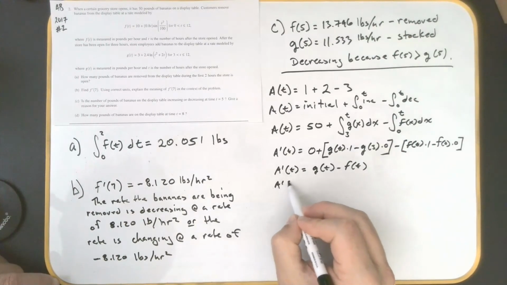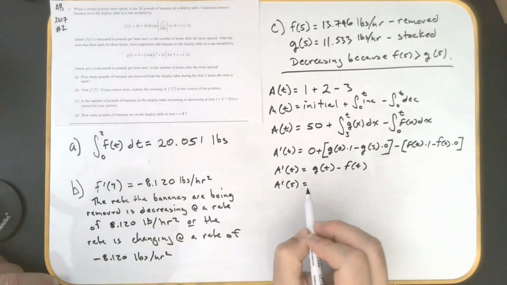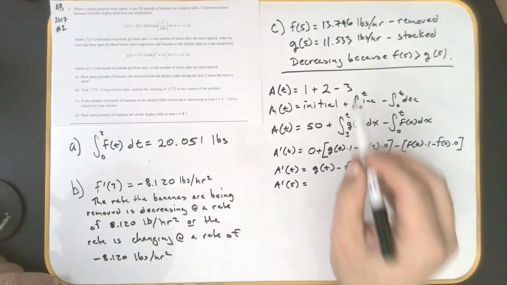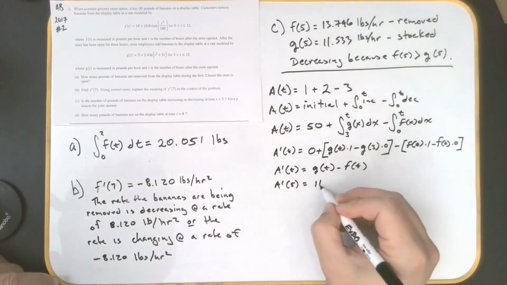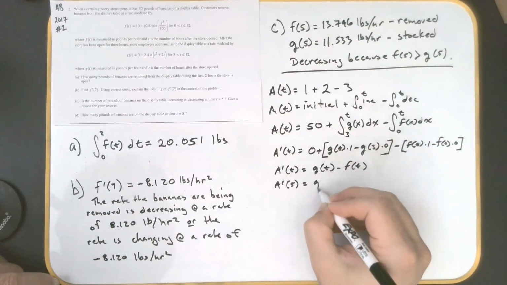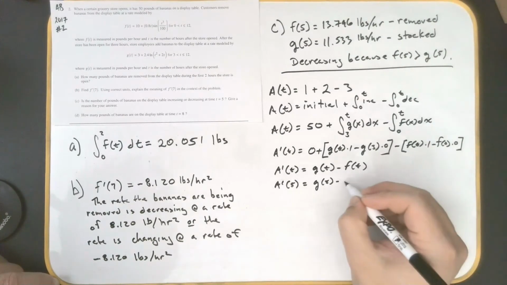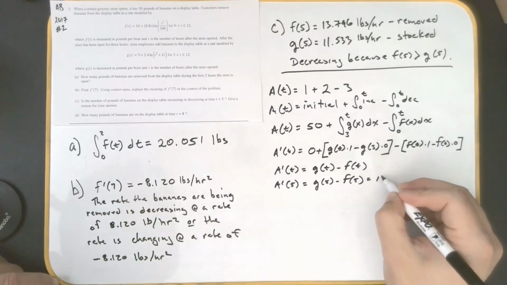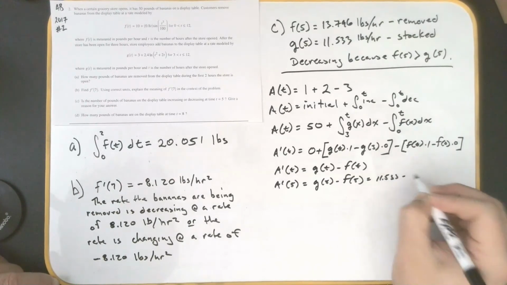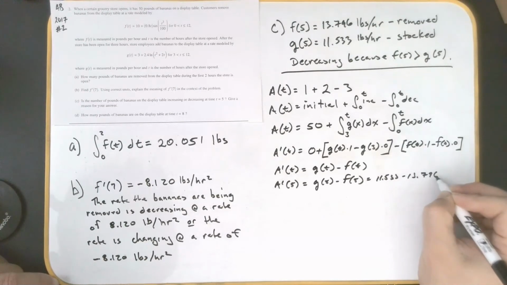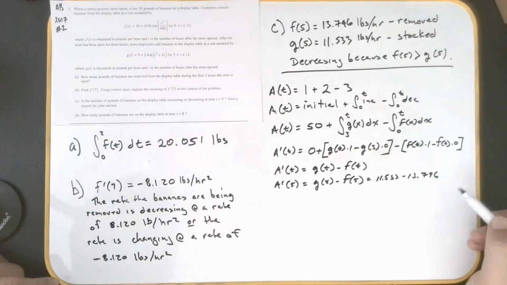And they wanted this to be known at 5. So g of 5 was up here at 11.553, or I'll actually go ahead and put in g of 5 minus f of 5, and that's equal to 11.553 minus 13.796, which is a negative number.